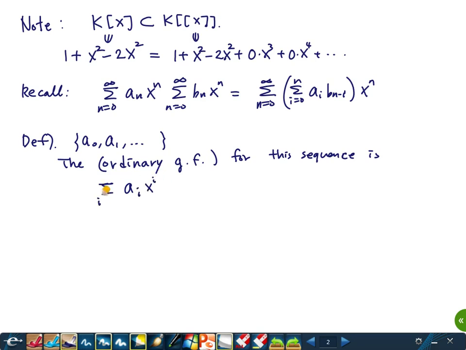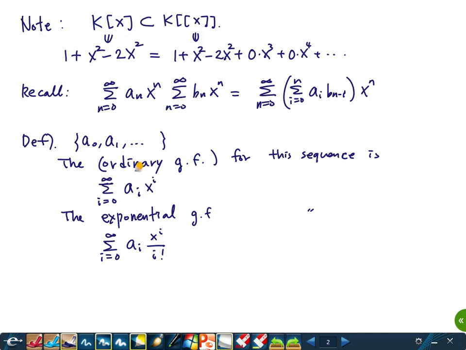Actually, this index is not important, so you can use i or n, anything like that. And the exponential generating function for this sequence is pretty much the same, except we have 1 over i factorial multiplied there.